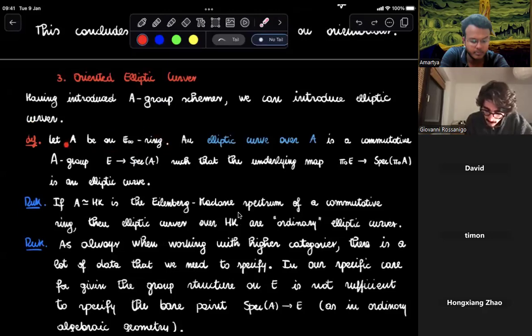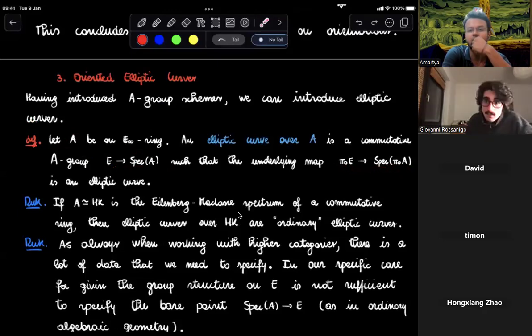Whenever we have an A-infinity ring A, an elliptic curve over A will be a commutative A group E over spec of A such that, following the principle of asking things on pi naught, the map of underlying schemes, pi naught E to spec of pi naught of A, is an elliptic curve. Remember that we are asking flatness, so this map of underlying schemes will be flat.